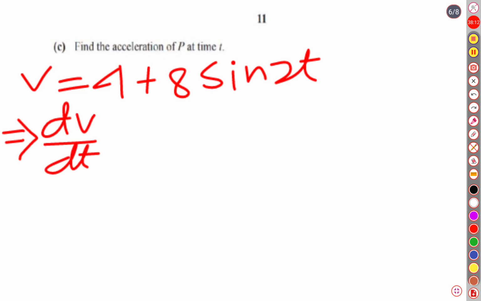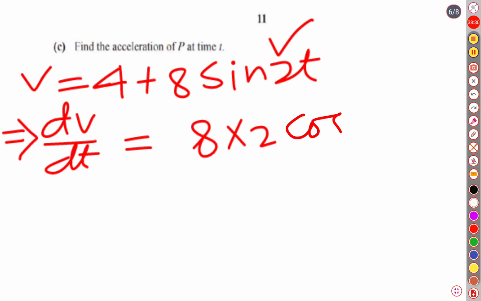dv over dt is equal to, if we differentiate this 4, it is actually 0, which is not necessary, and 8 will be here. The derivative of sine is cos, and these two will multiply. We know this 2 will multiply the function, and it is going to be cos 2t. That is the acceleration at t.